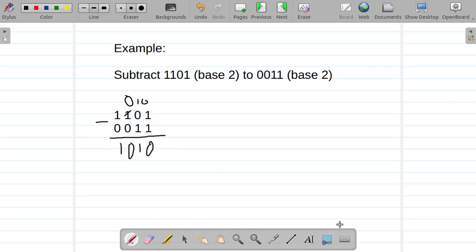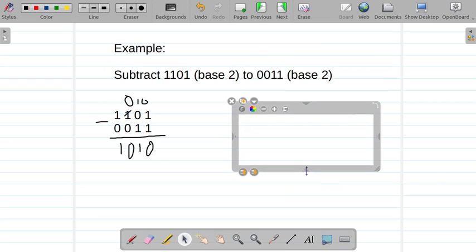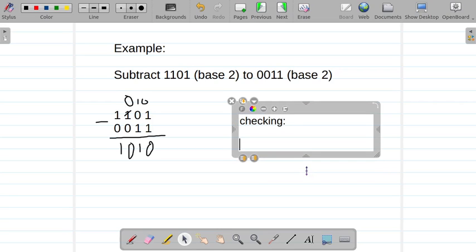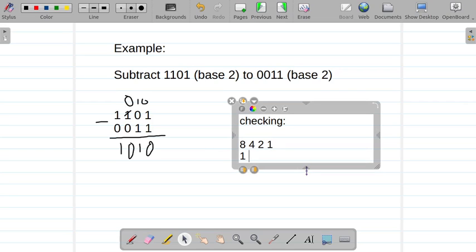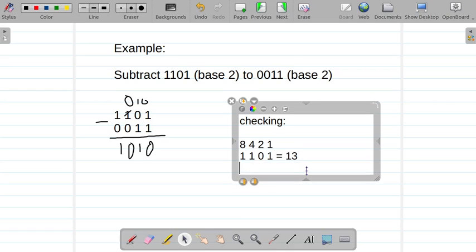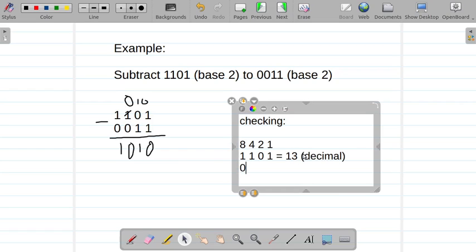So try ta og check. Let's have our checking. So 8, 4, 2, 1. 1, 1, 0, 1 is just equals to 13 in decimal, then 0, 0, 1, 1 is just equals to 3 in decimal.